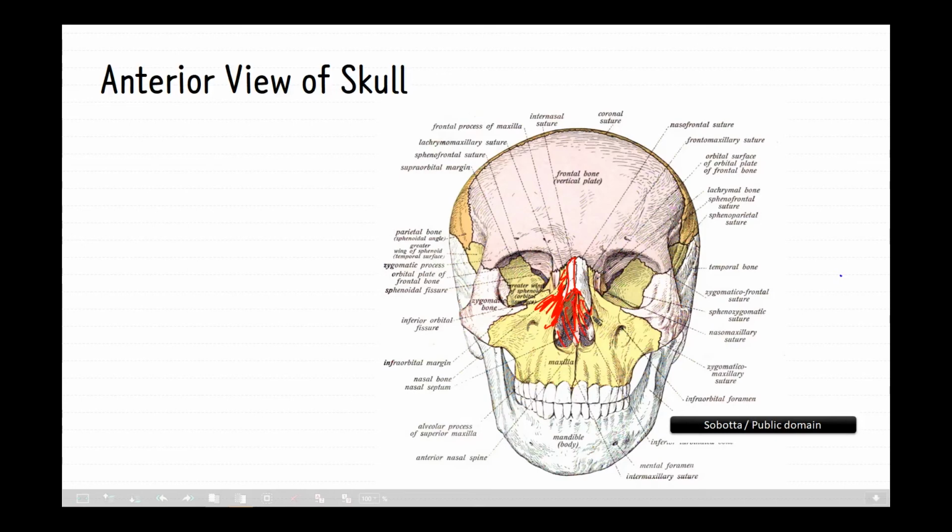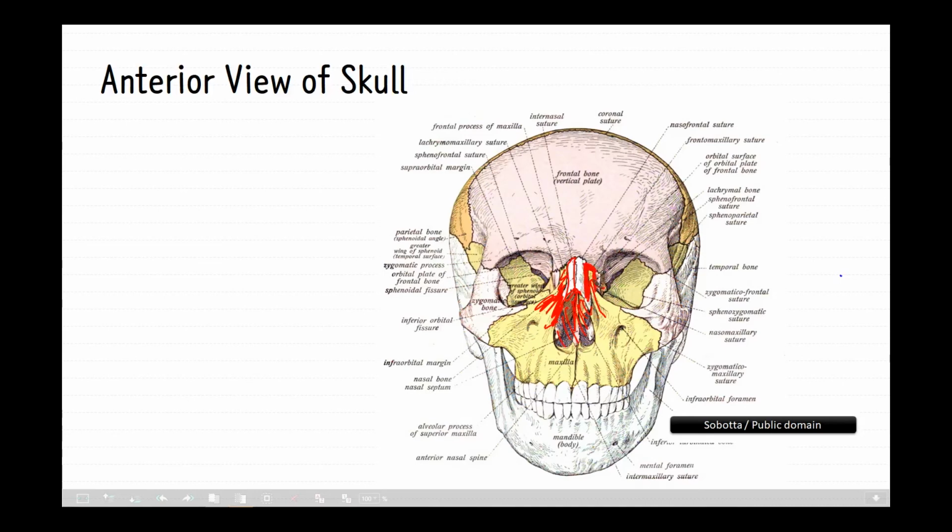The frontal process of the maxilla ascends this way, posterolateral to the nasal bone, to articulate with it medially, the frontal bone superiorly, and the lacrimal bone laterally.